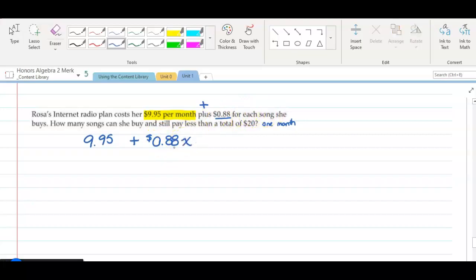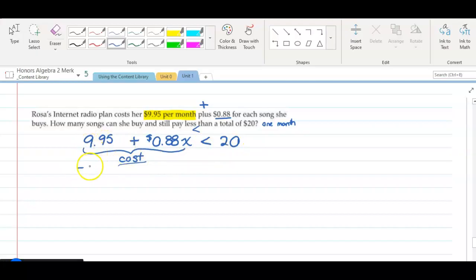That's where we want to put the variable. How many songs can she buy and still pay less than a total of $20? So this is how much it costs, and we want that to be less than 20.